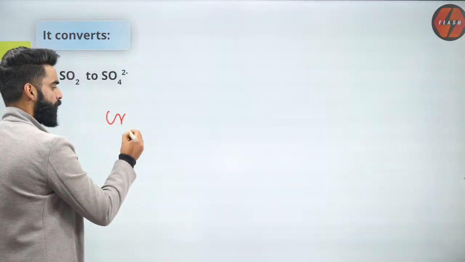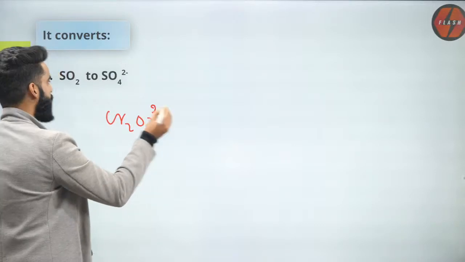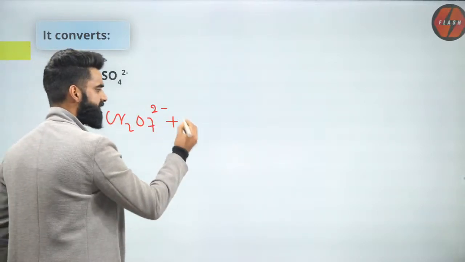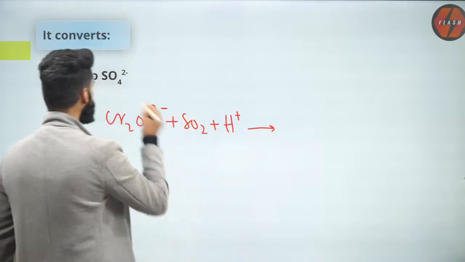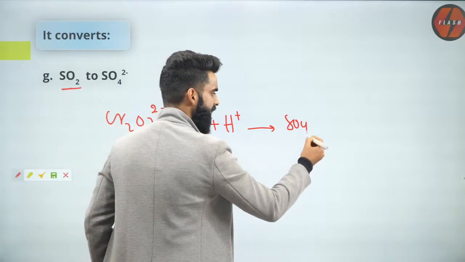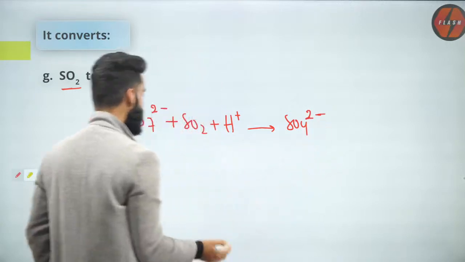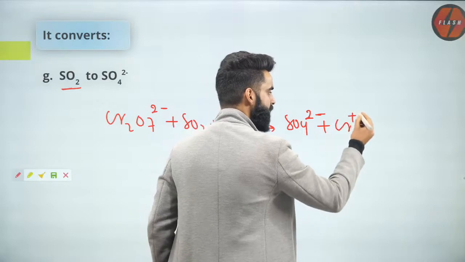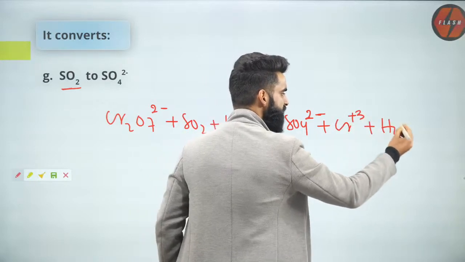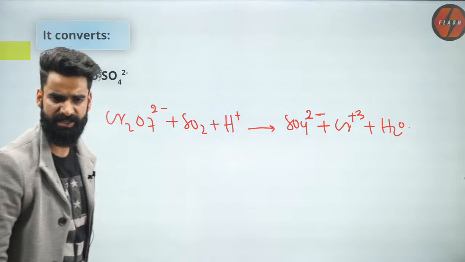Cr2O7 2- converts SO2, in acidic medium, to SO4 2-. And we know Cr2O7 2- itself in acidic medium gets converted to Cr3+, and it will give some water as well.